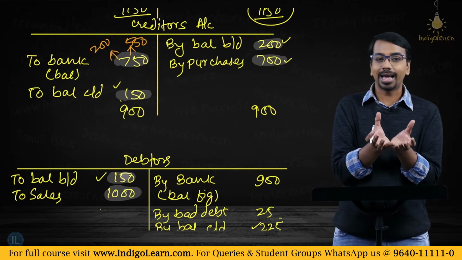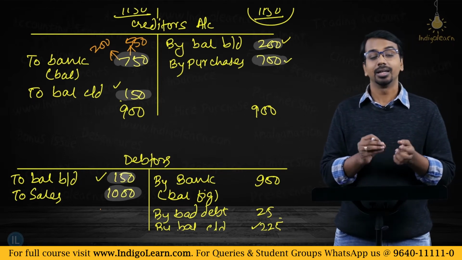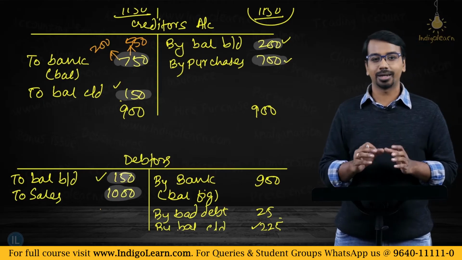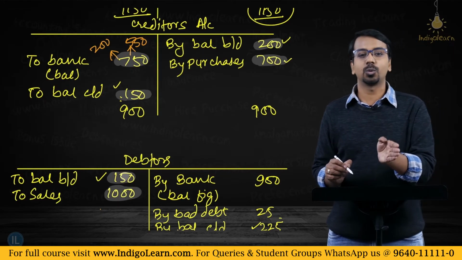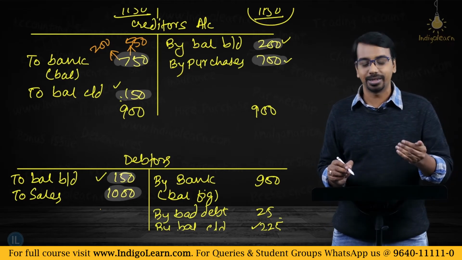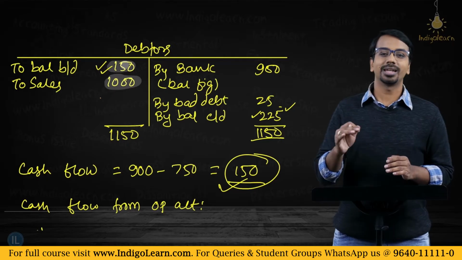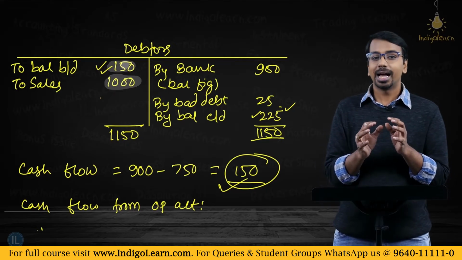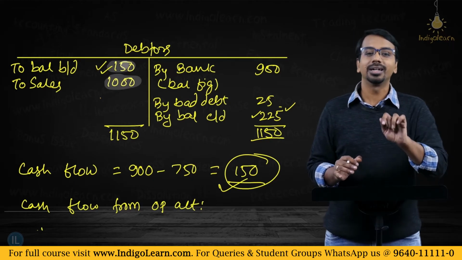So you are looking at it as a balance as if you have paid 50 rupees more to the creditor. Now that 50 rupees has to be deducted. So 150 minus 200, closing minus opening, minus 50 will be adjusted. So when you come to the debtors, opening balance 150, closing balance 225. I am assuming as if I have collected 75 rupees less from the debtors.